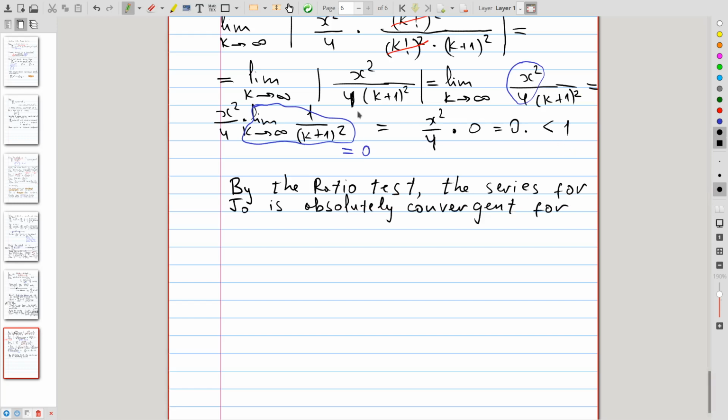Right? Because this limit is 0 regardless of what is the value of x. And so, in terms of the domain of J0, this is saying that its domain is the entire number line.